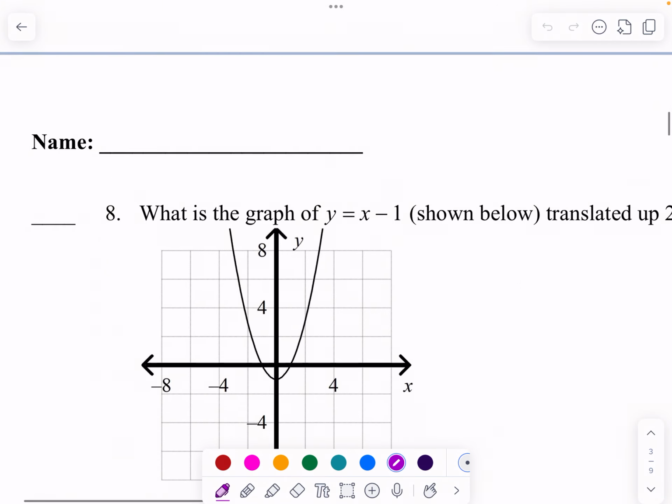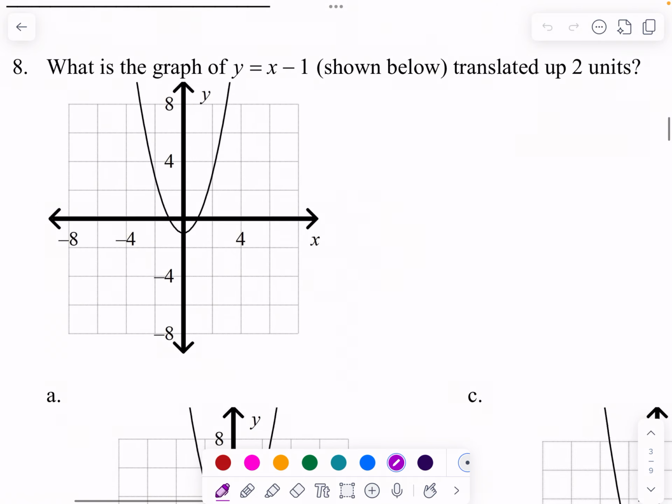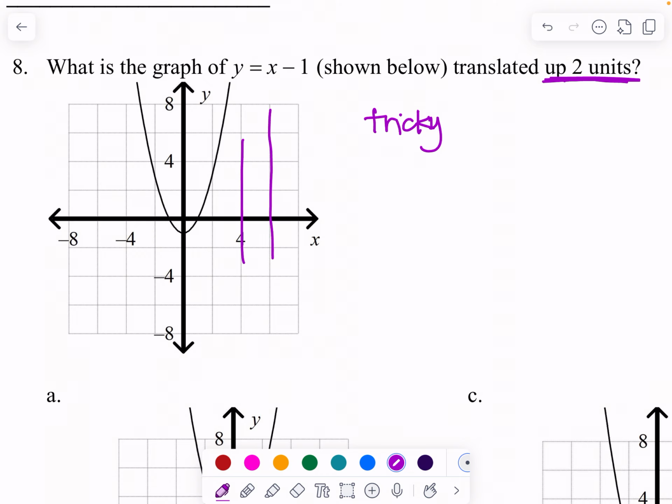Then, next one. What is the graph of this one? And it's showing up 2 units. So if it says up 2 units, it really needs to go up 2 units. But this one's tricky because you'll notice that these grid lines go by 2s.